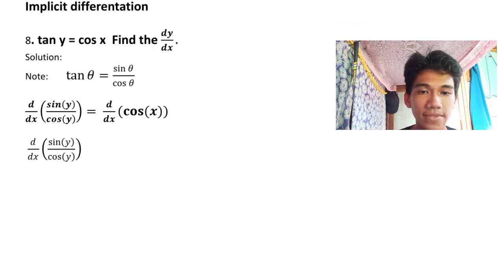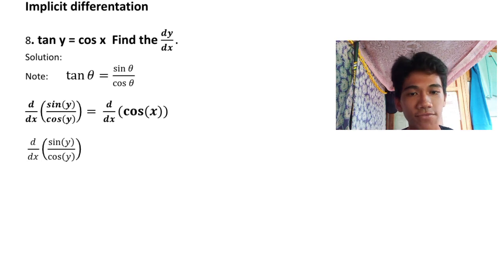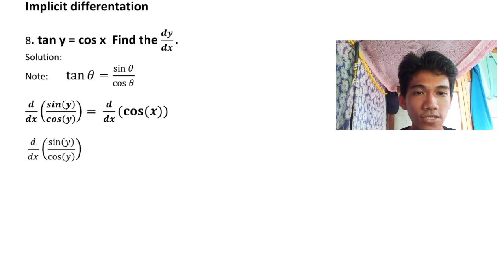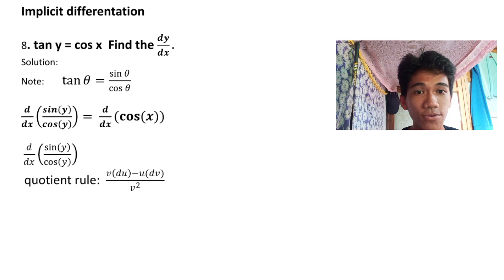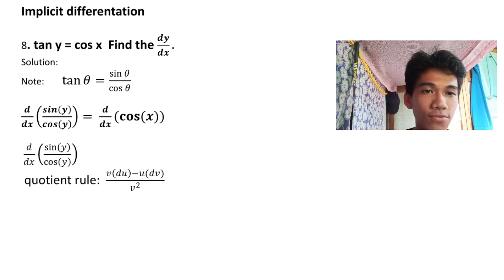So first, we're gonna find the derivative of sine y over cosine of y with respect to x. In this equation, we're gonna use the quotient rule, which has the formula of v times the derivative of u minus u times the derivative of v, all over v squared.